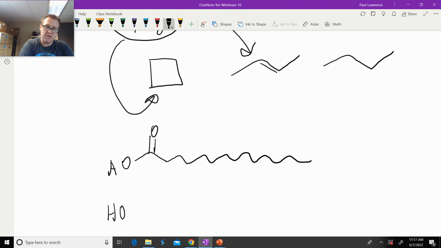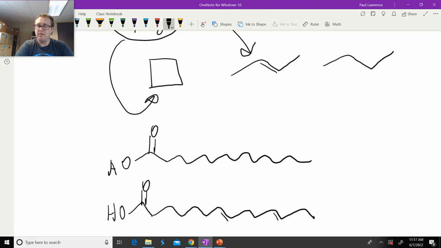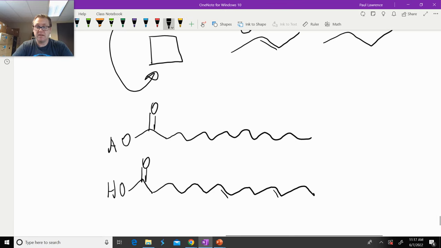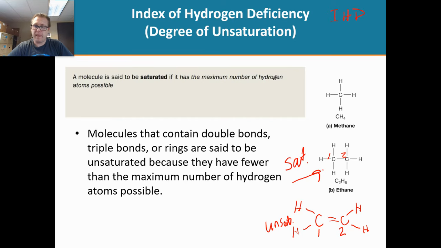But if you look at another fatty acid and we put some double bonds in there, that would be unsaturated because these carbons don't have the maximum amount of hydrogens. So saturated, unsaturated. That's the definition.